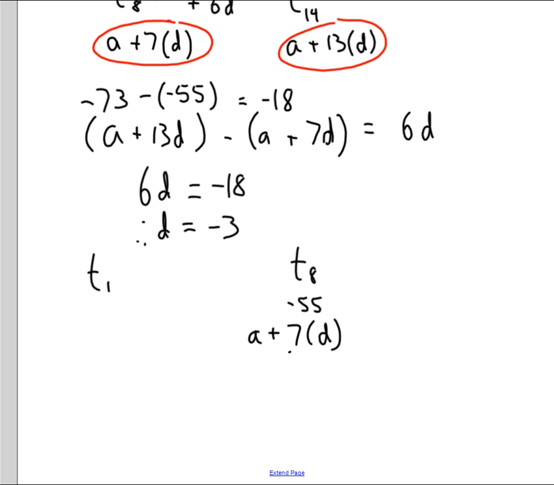We know that common difference is negative 3, so we're adding negative 21 to the first term to give us negative 55.